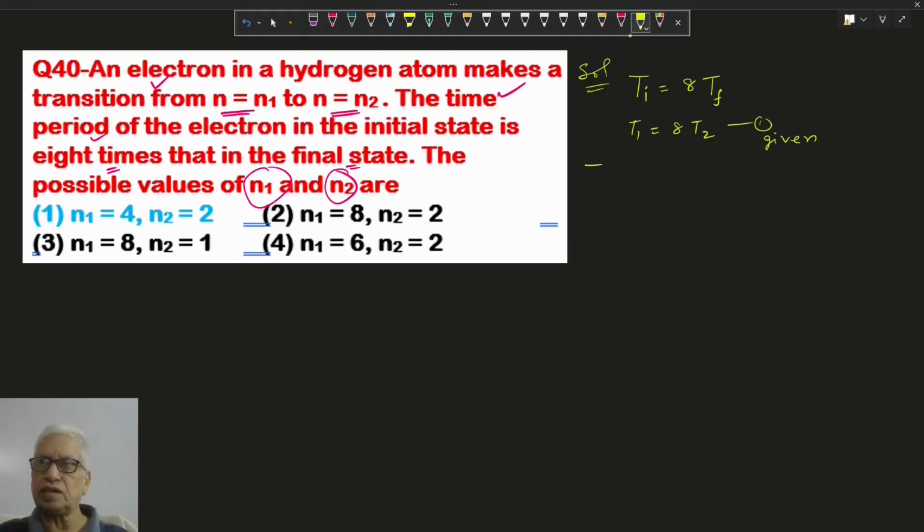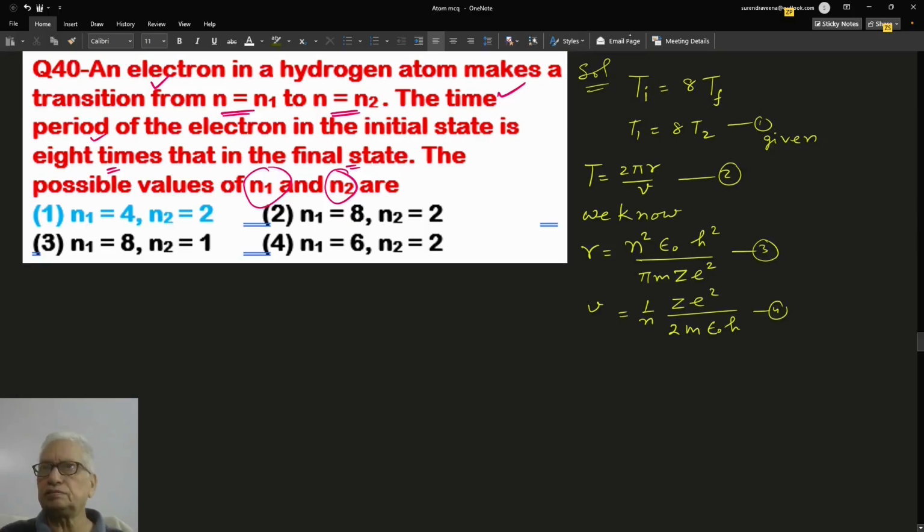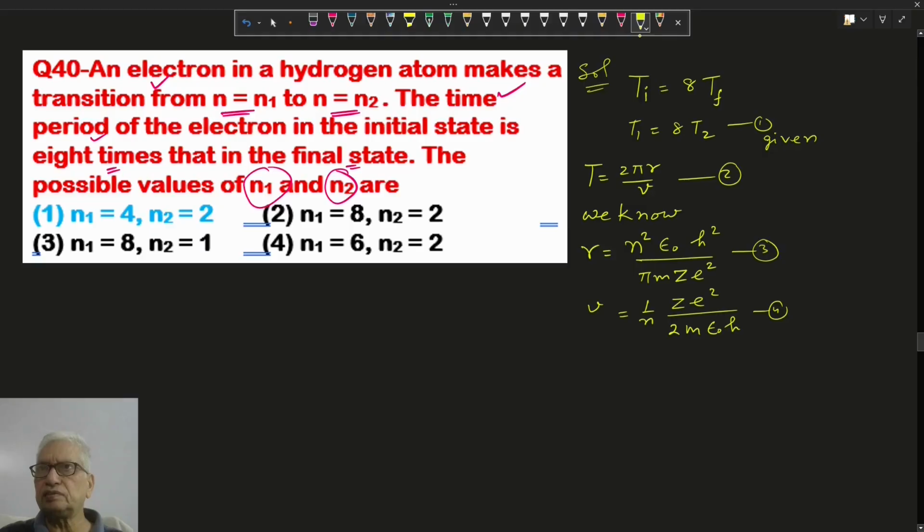Now we know time period equals 2 pi r upon v, and we know the formula of radius given by equation 3 and speed given by equation 4. Put the values of r and v in equation 2.